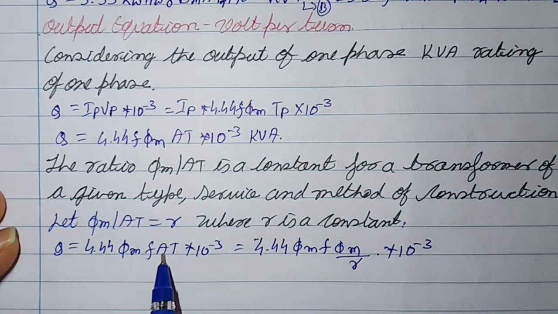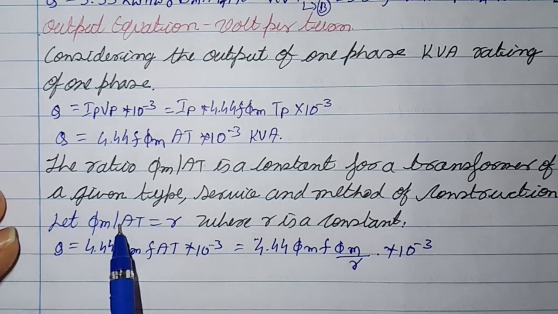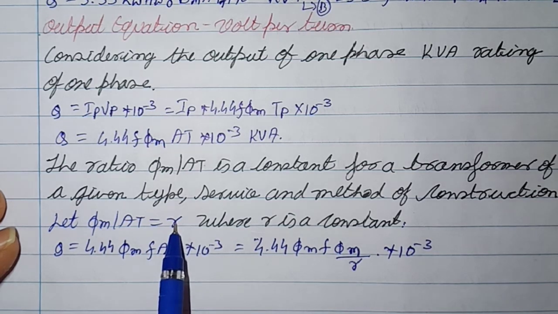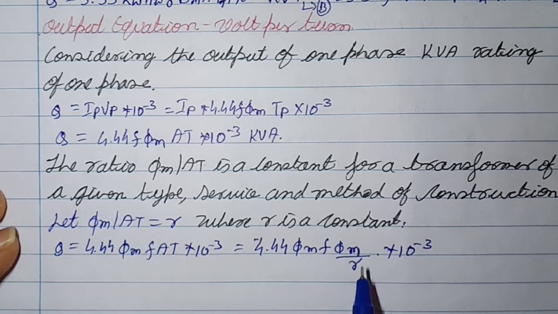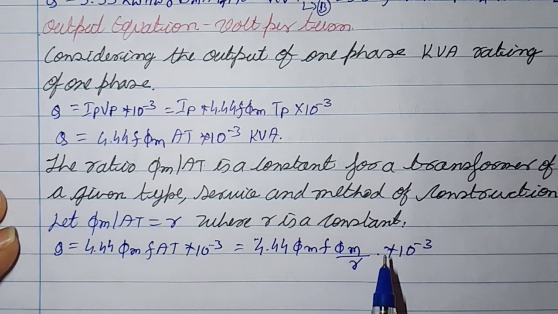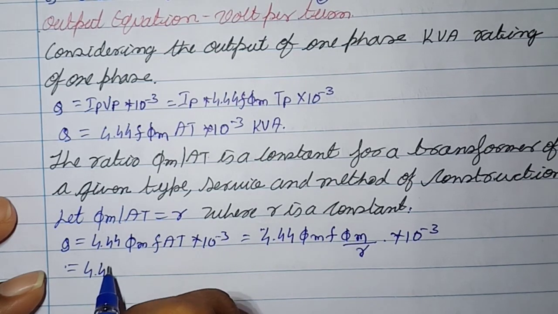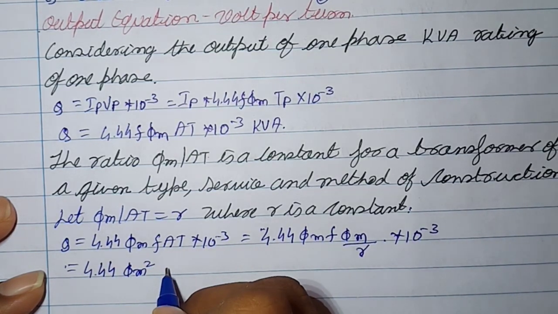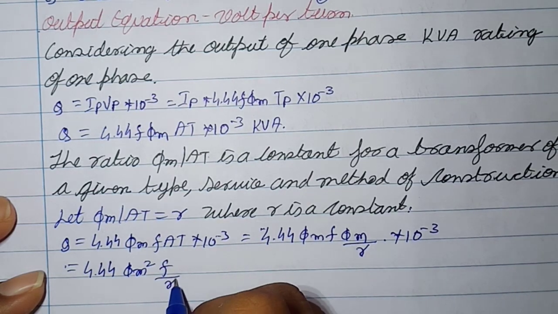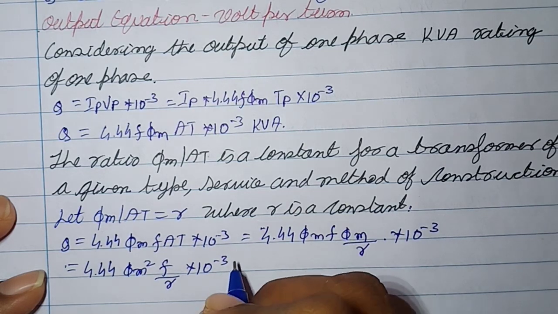What has been replaced here? AT has been replaced with phi m by R. We can see phi m by AT is equal to R, so AT will be phi m by R. That is what is being substituted here. Therefore, it is equal to 4.44 phi m square F by R into 10 raised to minus 3.